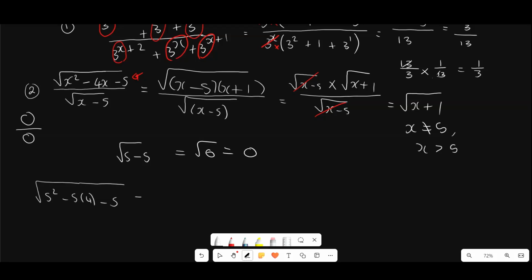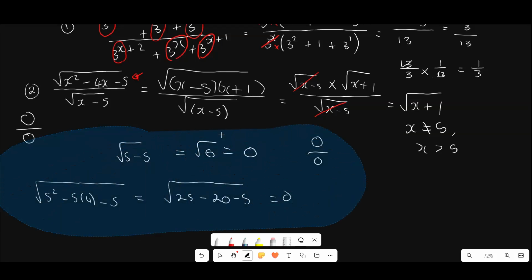This gives us 25 minus 20 minus 5, which gives us 0, so we do get 0 over 0. So in that case we can simplify it.